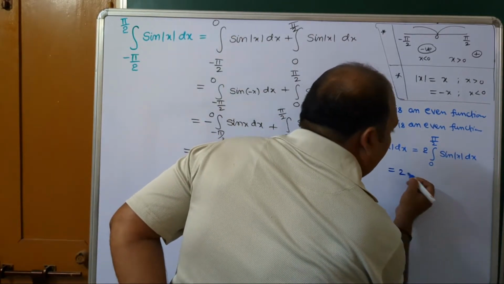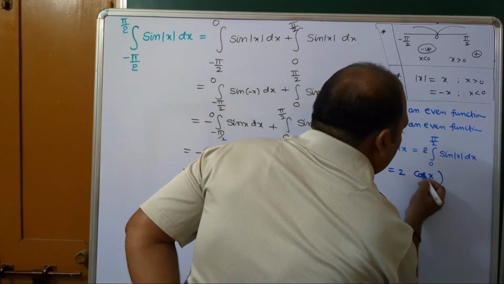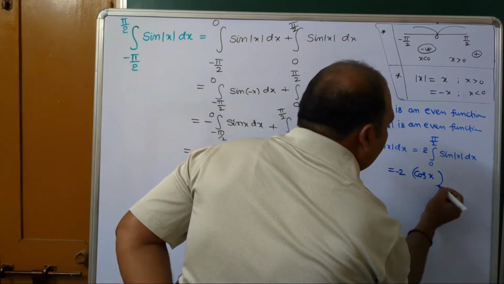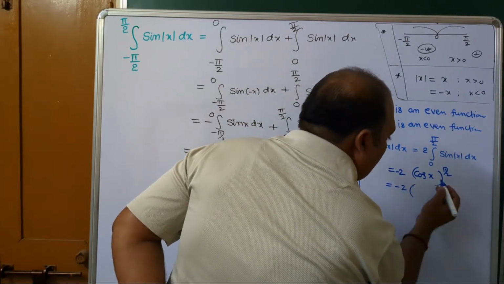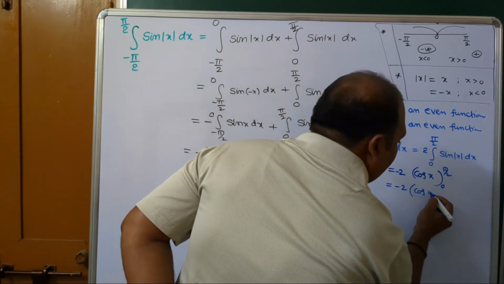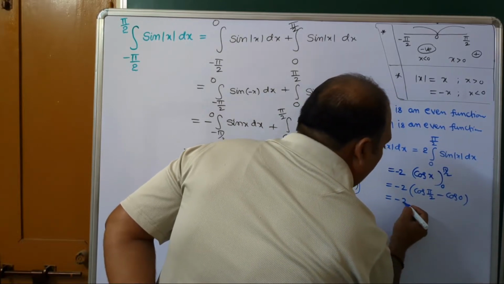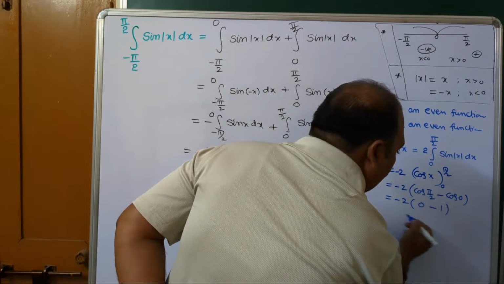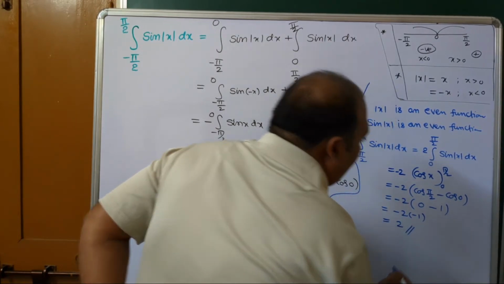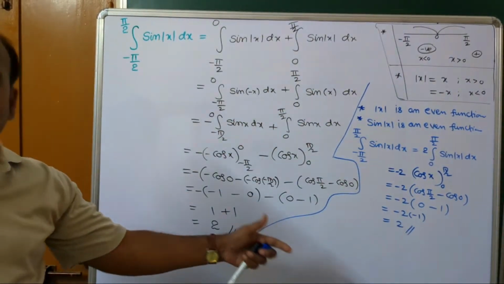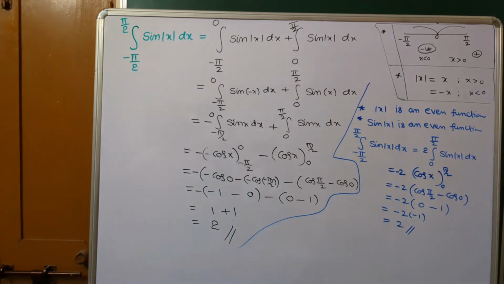So 2 times integral of sin x, which is minus cos x, minus taking out, from 0 to pi by 2. So minus 2 into cos pi by 2 minus cos 0. That is equal to minus 2 into 0 minus 1. So minus 2 into minus 1, so plus 2. If you go either this method or this method, you will get the same answer, dear students.